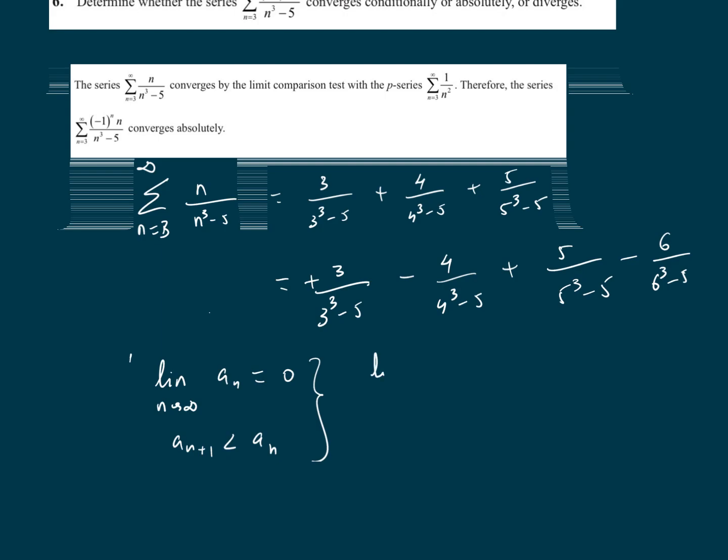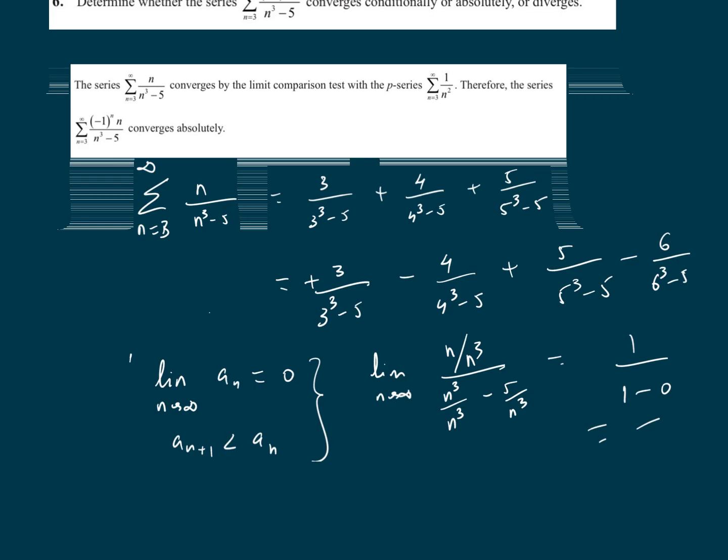For the first condition, the limit as n goes to infinity of n divided by n cubed minus 5. If I divide by n cubed, it is 1 divided by 1 minus 0. Oh, let me see, n divided by n cubed is 1 divided by n squared, sorry.